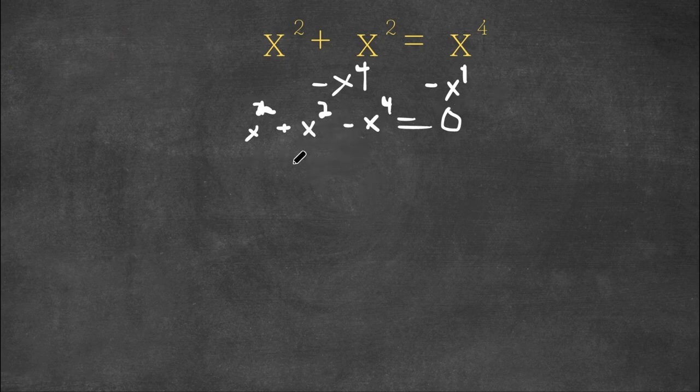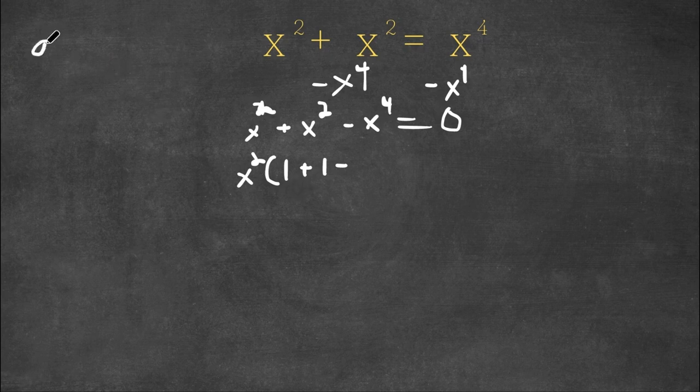Now what I'm going to do is I'm going to factor out the greatest common factor of all these terms, which is actually x squared. So now we have x squared times x squared divided by x squared is 1 plus x squared divided by x squared is 1 minus x to the power of 4 divided by x squared.